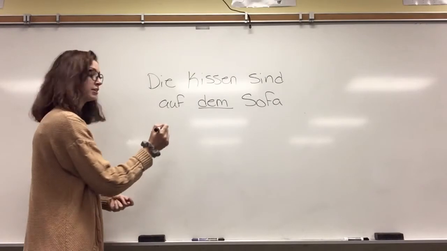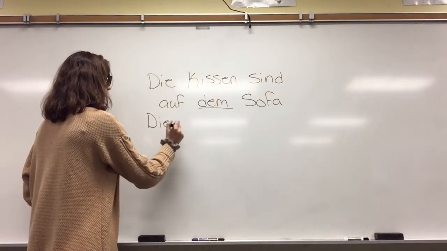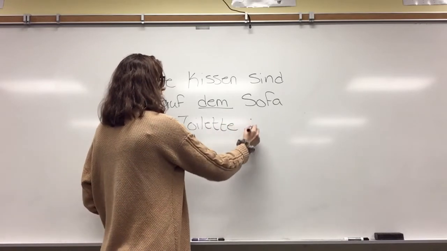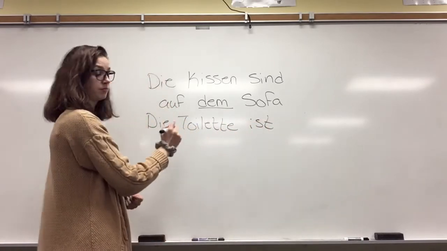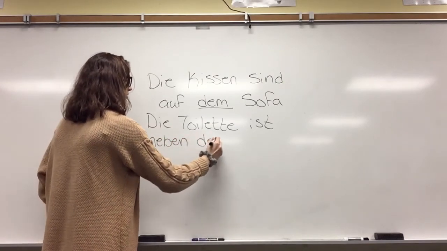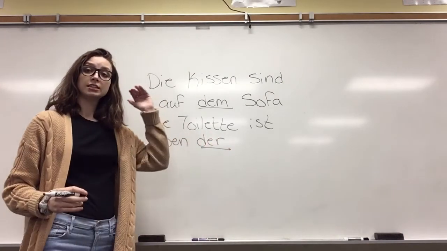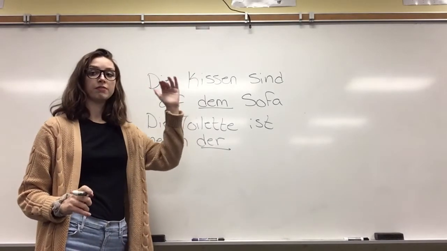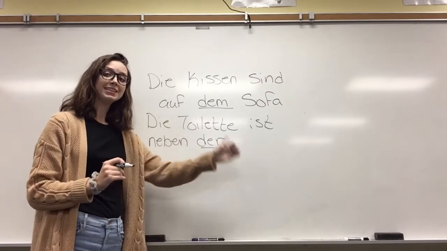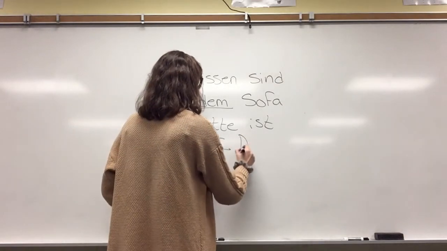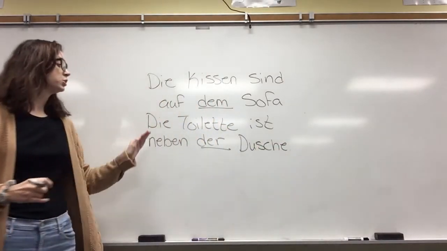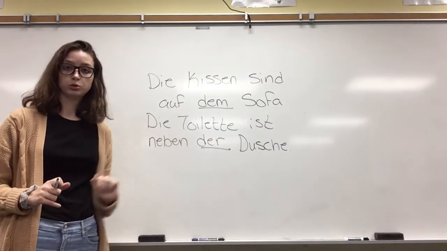Die Toilette ist neben der, because die Dusche normally would be feminine, but when we put it into the dative, it's der. So neben der Dusche. Die Toilette ist neben der Dusche.